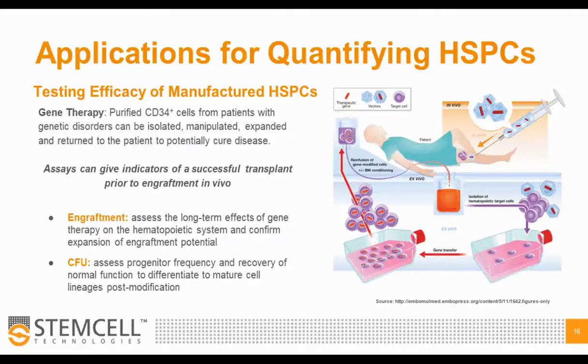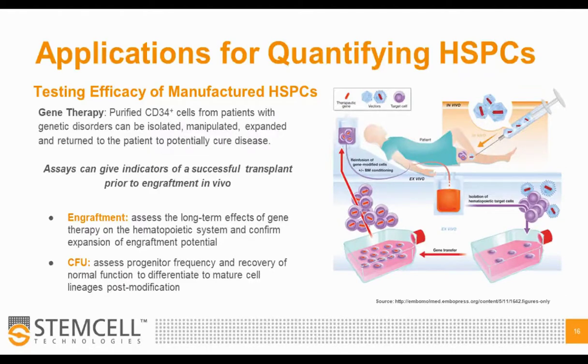So if you're wanting to treat patients, for example, with a genetic disorder like sickle cell anemia, you can purify the CD34 cells from the patient, and then with genetic editing, basically change those cells, correct them, in other words, manipulate them, but then they also need to be expanded before they're returned to the patient and potentially cure that patient's disease.